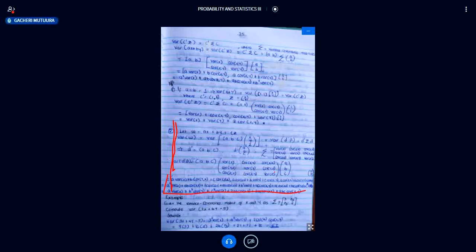So there is this example here. We are given the variance covariance matrix of X and Y. This simply means that the variance of X is 3 and the variance of Y here is 2. And then the covariance, as I told you, is the same: the covariance of XY is equal to the covariance of YX. So they are the same, a third.